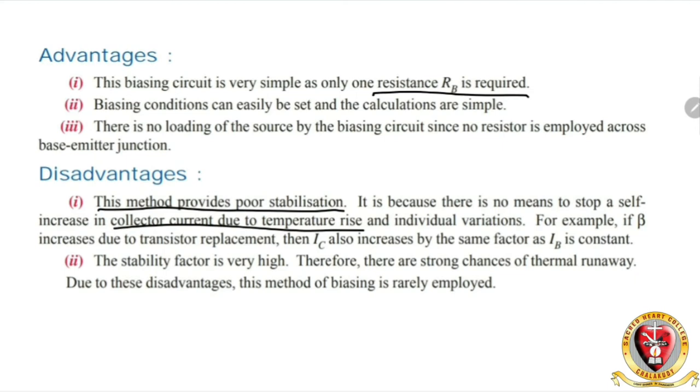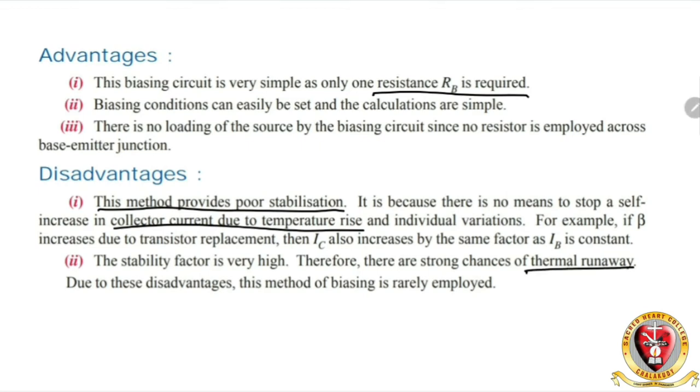When ICO increases one time, IC varies much faster than ICO, almost 101 times ICO if beta is 100. So the circuit is not a stabilized circuit, and also if the stability factor is high, there are strong chances of thermal runaway.